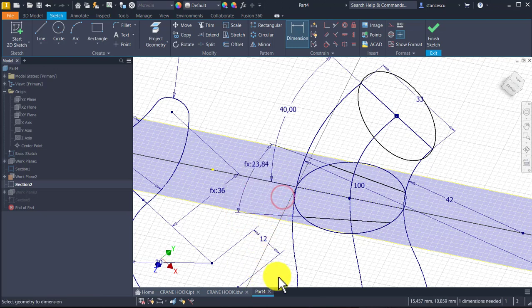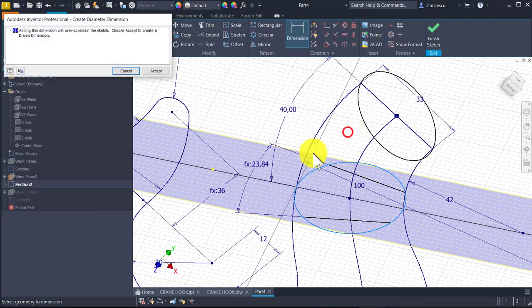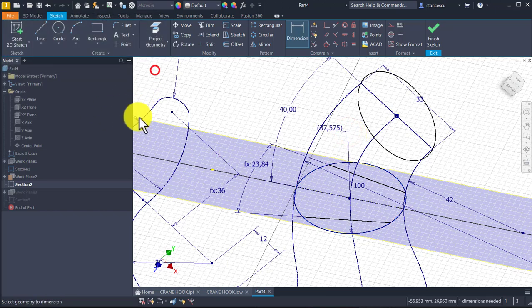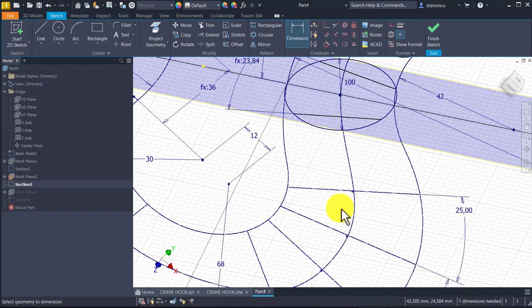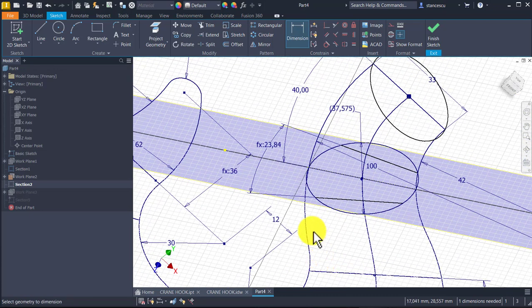Okay. I also apply this dimension, even if I know that this is a driven dimension. Why? Because this dimension, which was 33, depends now on the ratio between this diameter 37 and the other one, which was 50. You understand this, I'm sure. You are engineers like me. Yes?